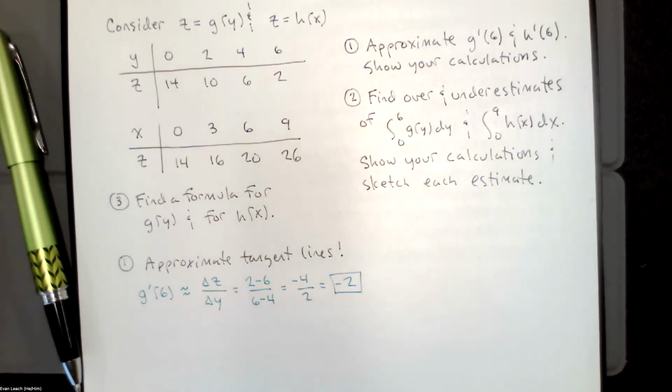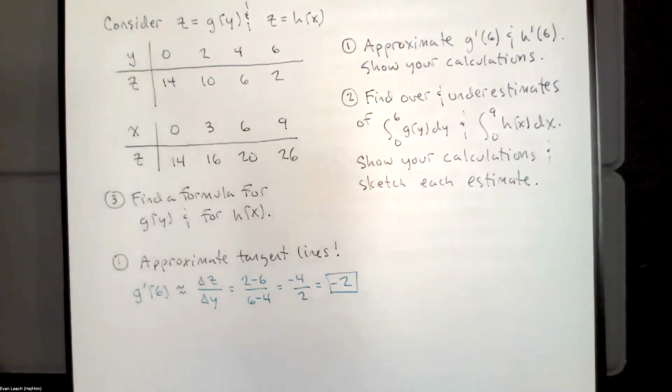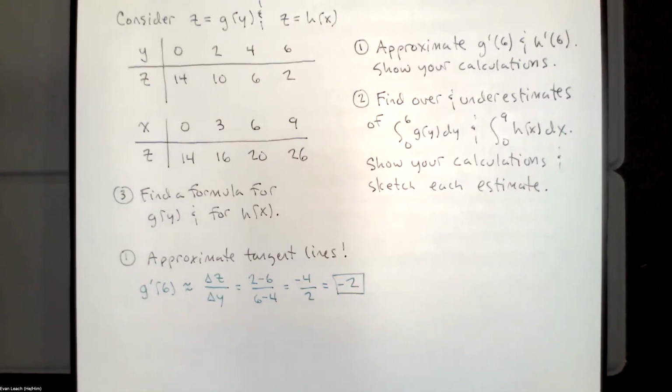That's the best we can do for g prime of 6 with the information that we have. Any questions? That's what derivatives are asking about. What's the slope of the tangent line? We don't have tangent line information. Best we can do is this approximation with this secant line.